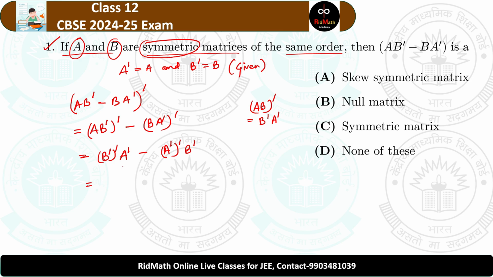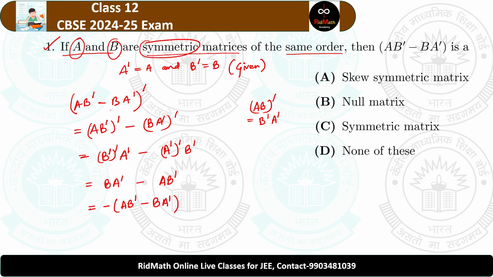So B transpose again transpose is B, and this is A transpose minus A B transpose. That means this is equal to minus of (A B transpose minus B A transpose).